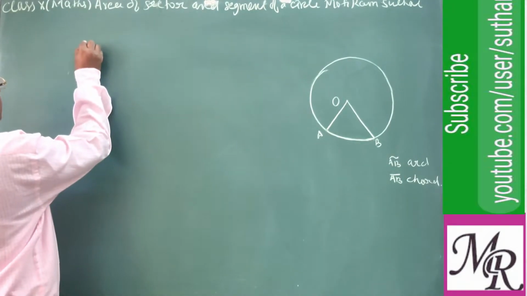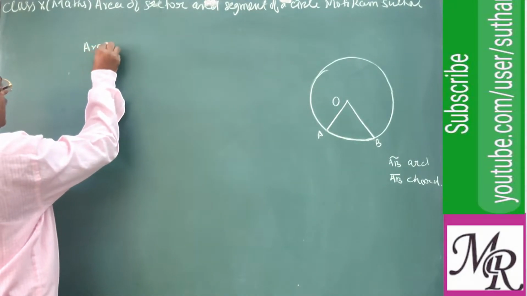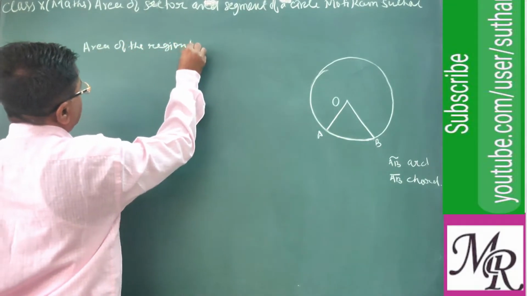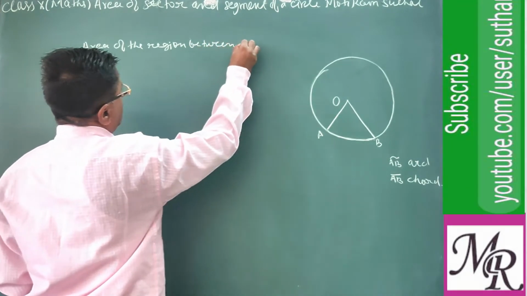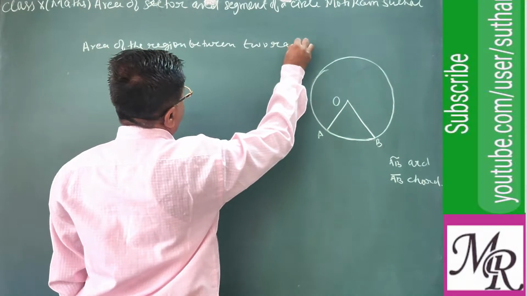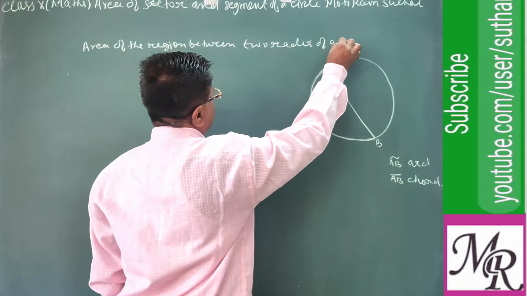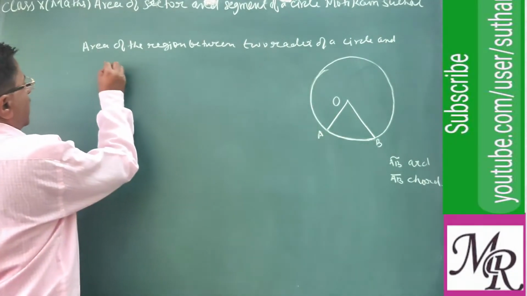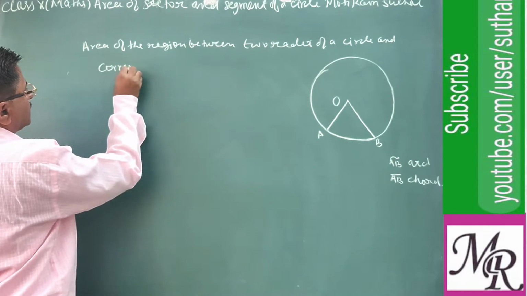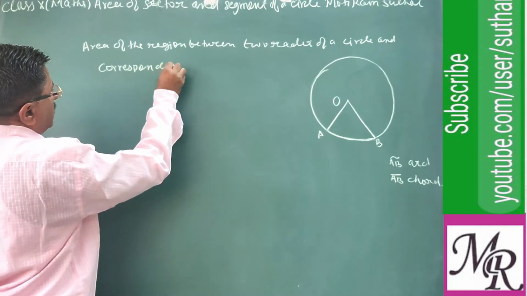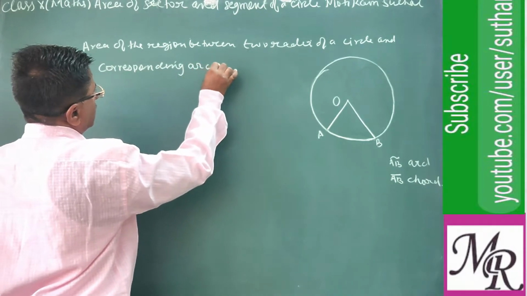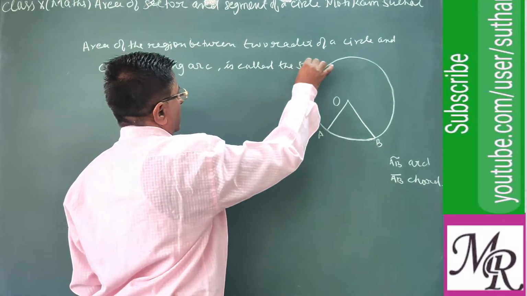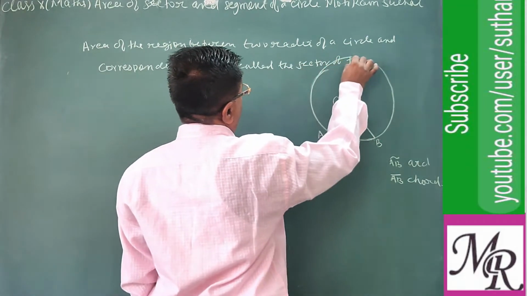So you can say the region between two radii of a circle and the corresponding arc is called the sector of the circle.